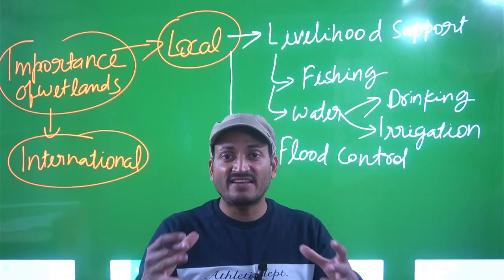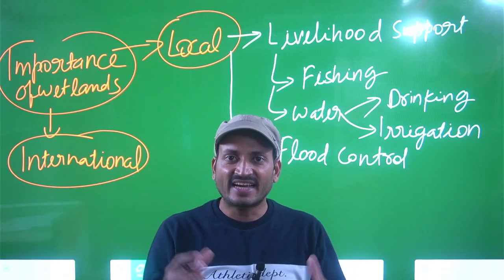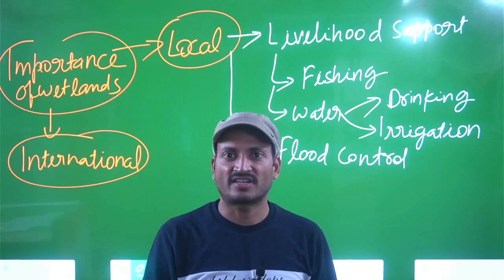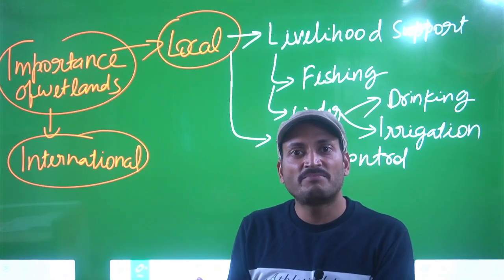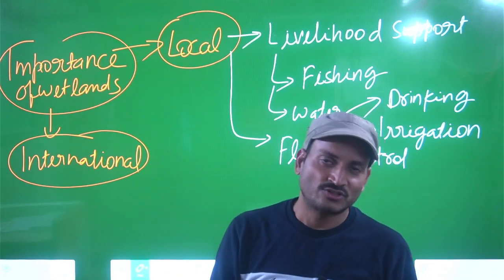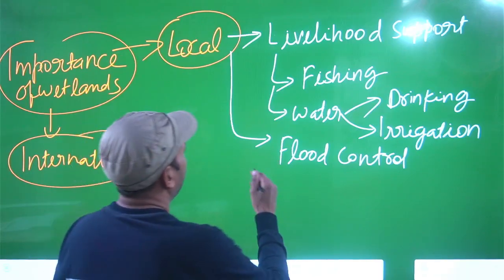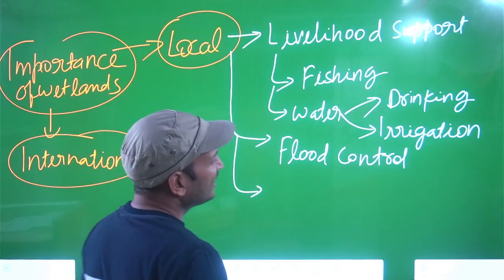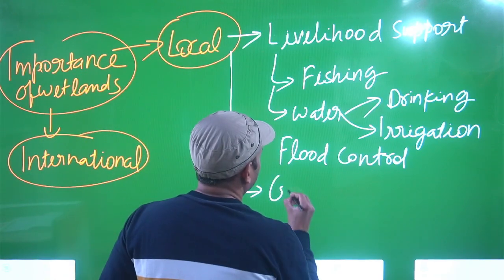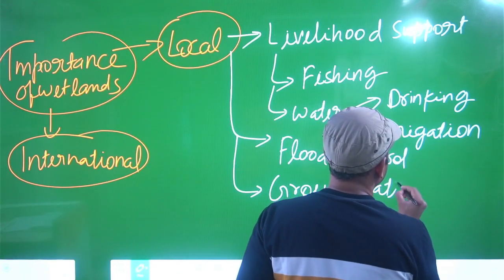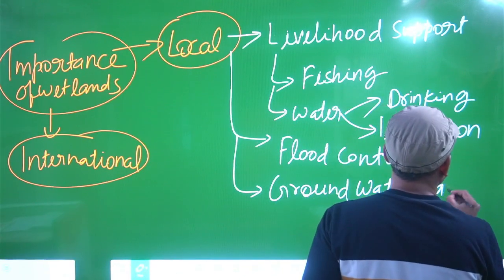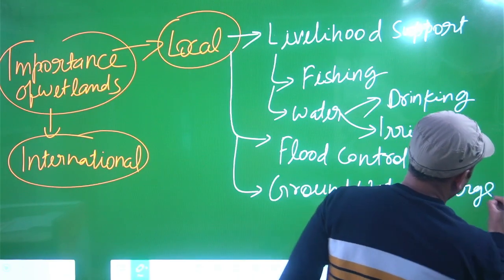So if there is any flooding-like situation, they contain a huge amount of water and save the surrounding areas from being flooded out. So wetlands are also important for flood control. They are also important for groundwater recharge.